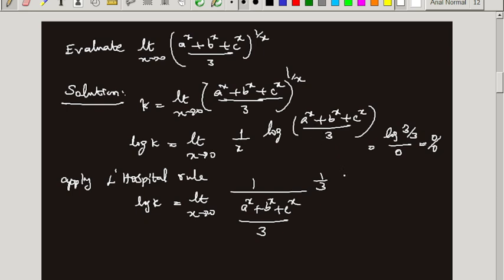A power x is a power x into log a, plus b power x is b power x into log b, plus c power x into log c. And here denominator x is there, so if we differentiate x we get 1. Now we can cancel these 3.